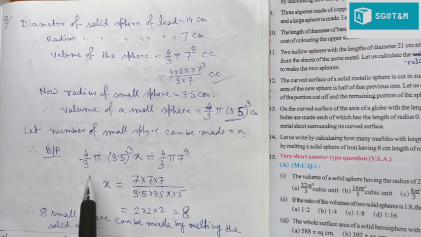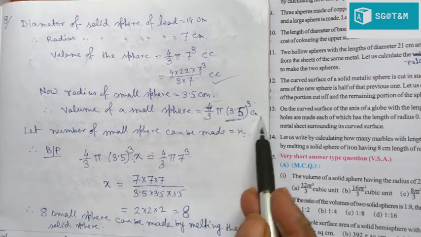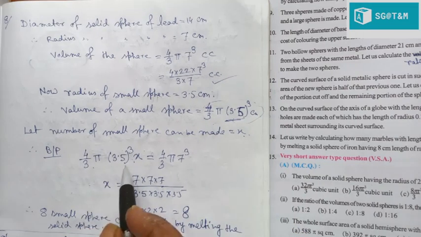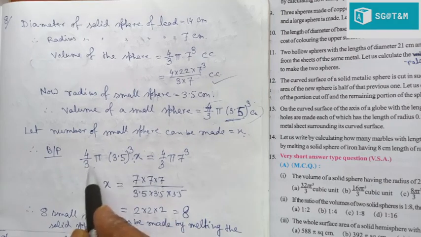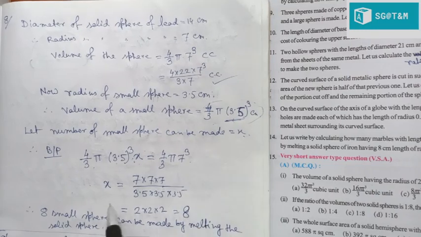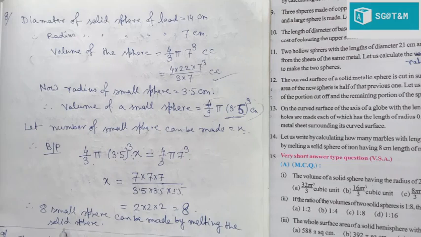So by the problem we can write x times the volume of a small sphere, so 4 by 3 pi 3.5 cube into x is equal to 4 by 3 pi 7 cube. After simplifying, very simply we get x is equal to 8. Therefore, 8 small spheres can be made by melting the solid sphere. This is problem number 8.